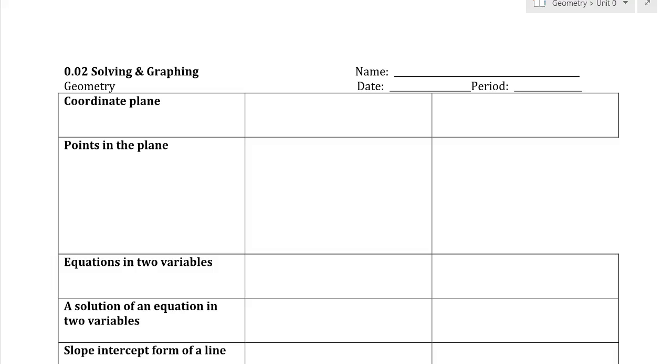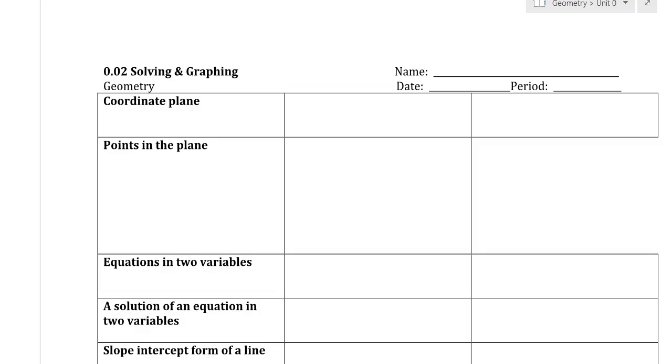The coordinate plane. If you take a number line, which usually has 0 in the middle, positives to the right, 1, 2, 3, 4, and they keep going, negatives to the left.